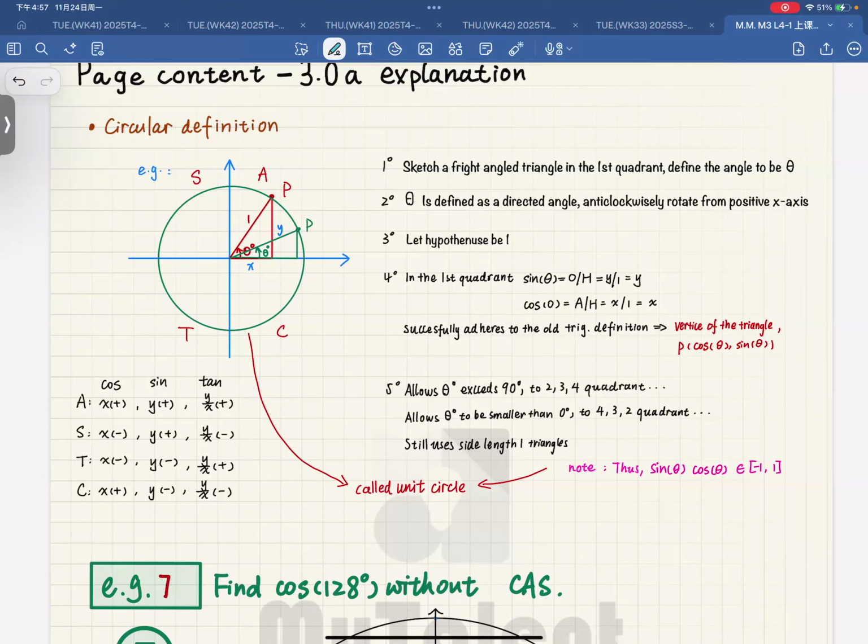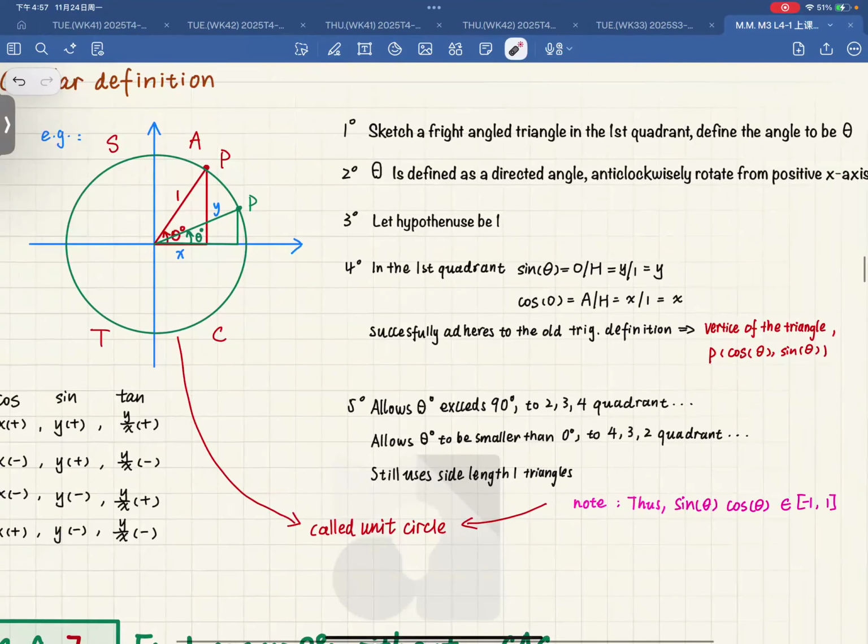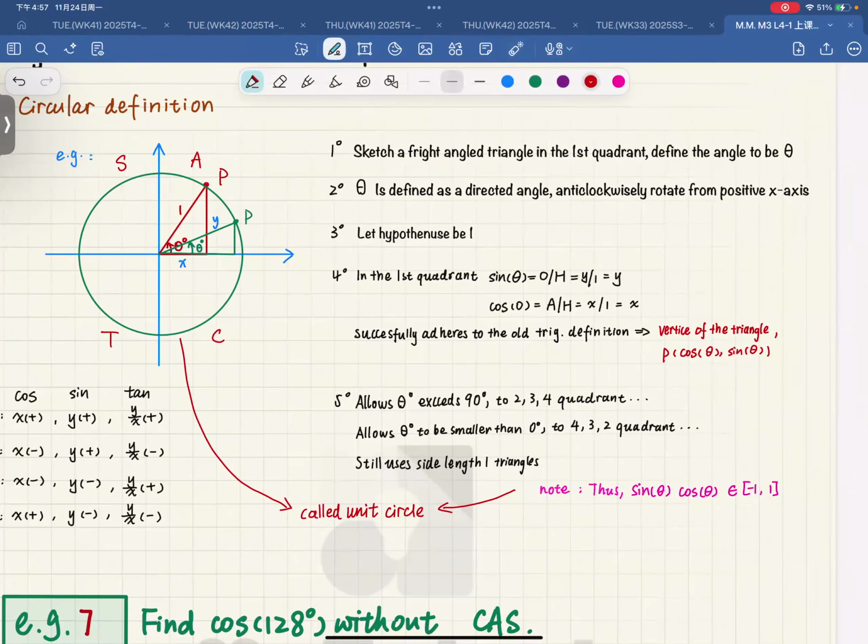This is the circular function. It's called the unit circle, right? Basically, the radius is equal to 1. If the radius is equal to 1, we can have sine theta. So this is theta. Sine theta is equal to opposite over hypotenuse.